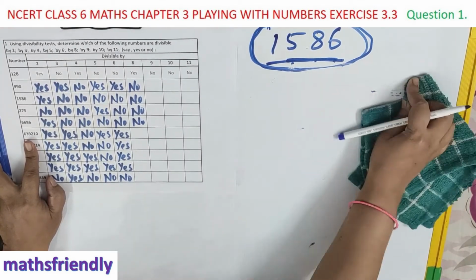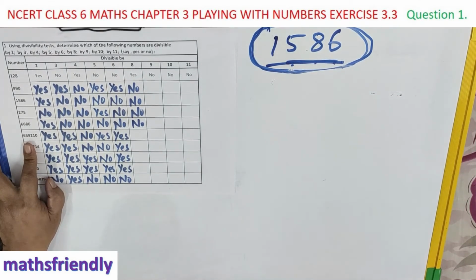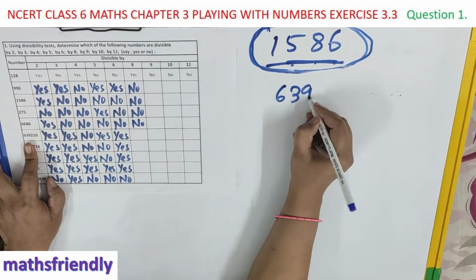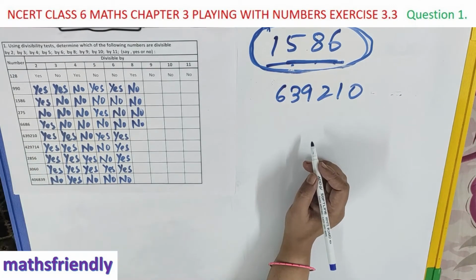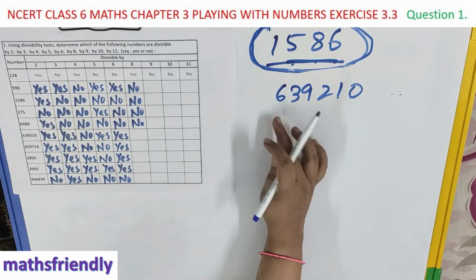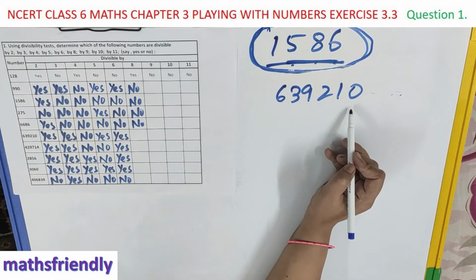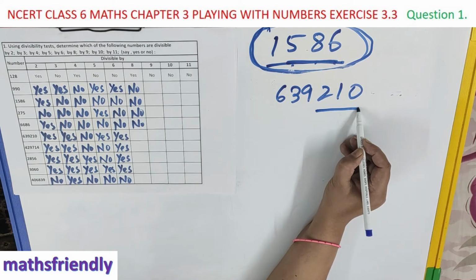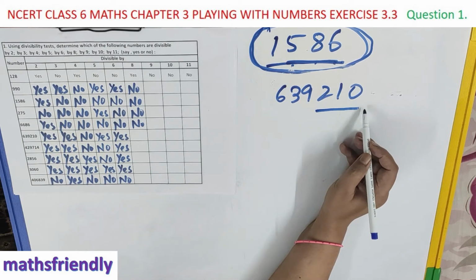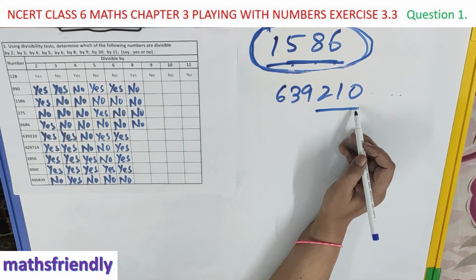See, it's a large number, 639210. Okay, so what we have to do? We are not going to divide this 6 digit number by 8 and check. No, we will only check the last 3 digits. This is the divisibility test of a number for 8.